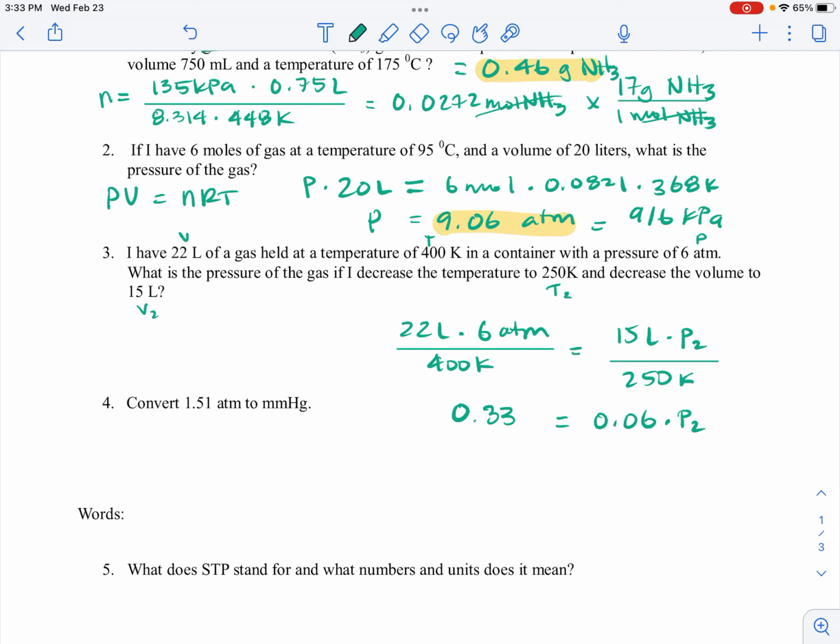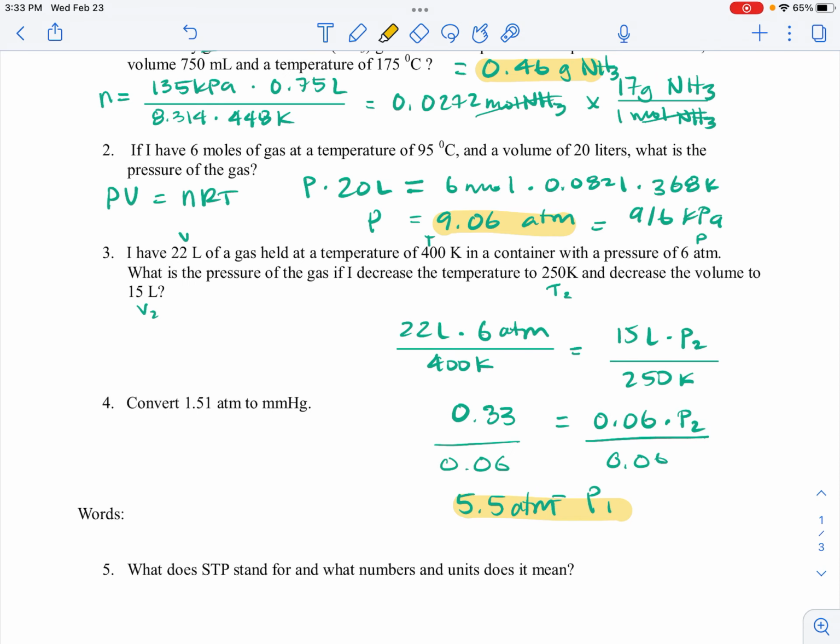Then to solve for P2, you divide both sides by 0.06, and you get your answer as P2 equals 5.5 atmospheres. We know it's atmospheres because our first pressure was also in atmospheres. So there is the answer to number 3.